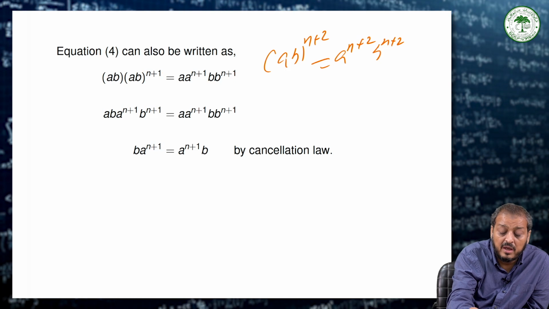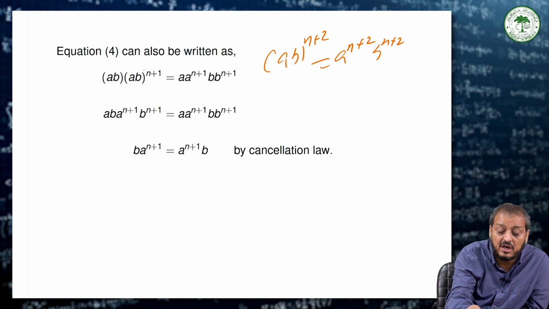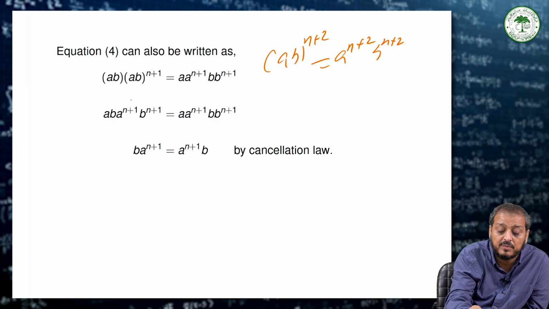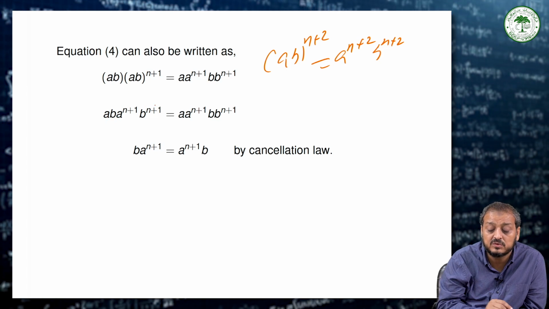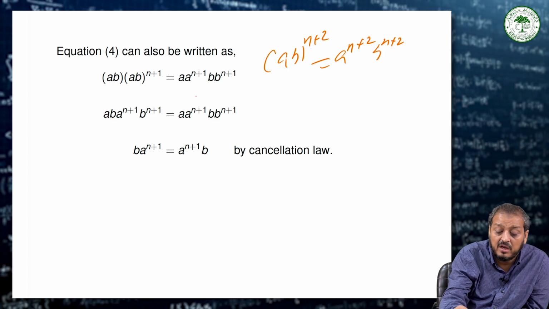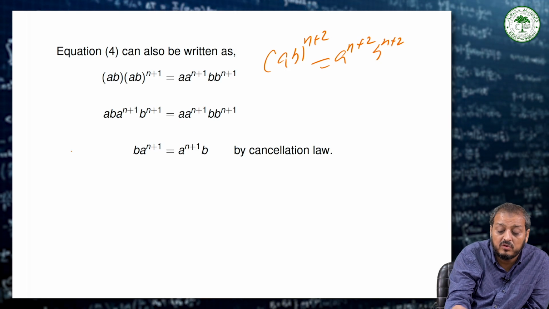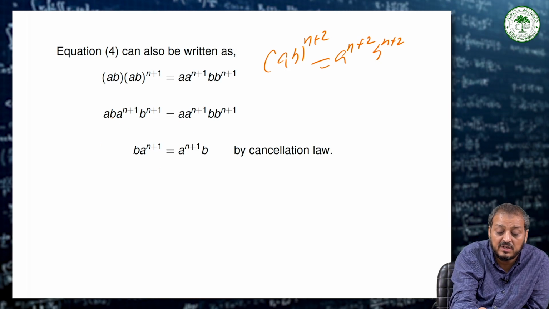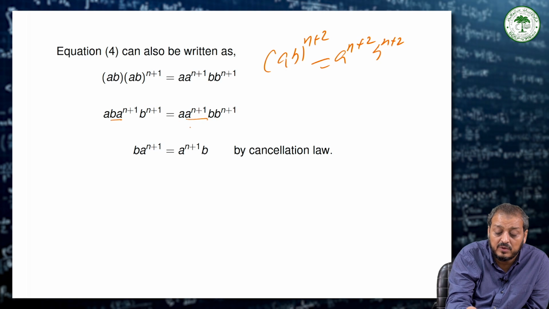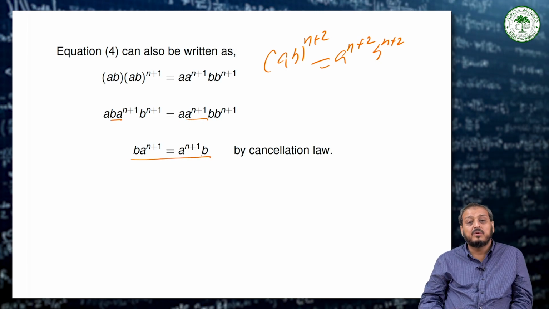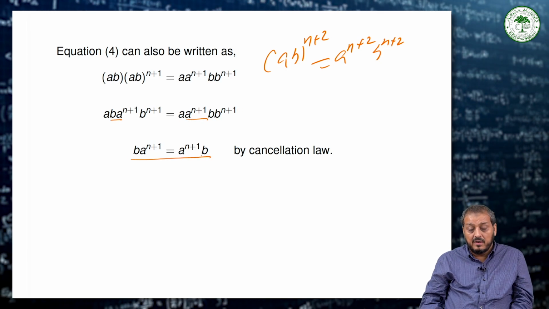Now by the condition of equation 3 we can say that this is a^(n+1) b^(n+1), and then again using the cancellation property we can say that b^(n+1) a^n... equals a^(n+1) b.